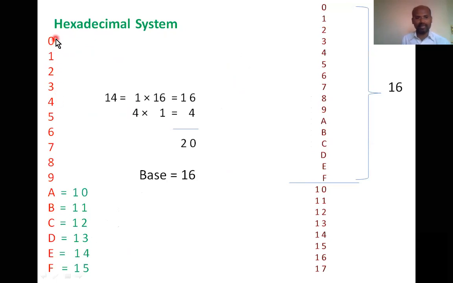Let's see what those symbols are. 0, 1, 2, 3, 4, 5, 6, 7, 8, 9. These are also used in the decimal system, right? From 0 to 7, these are symbols used in the octal system, right? After 9, we have other symbols like A, B, C, D, E, F.